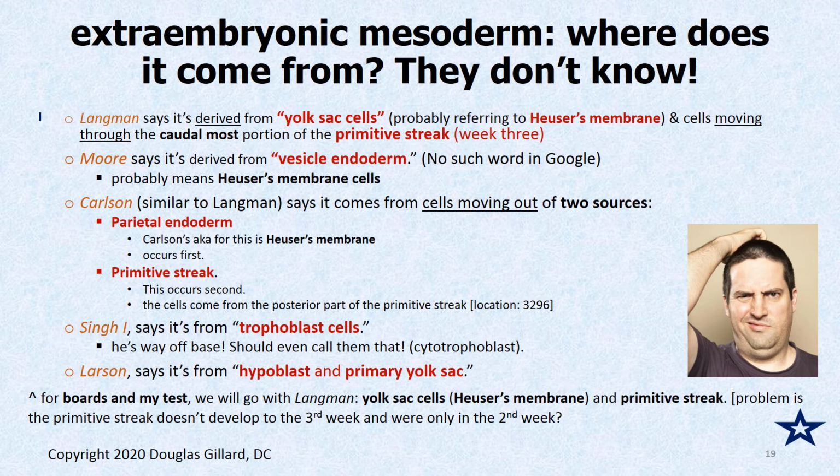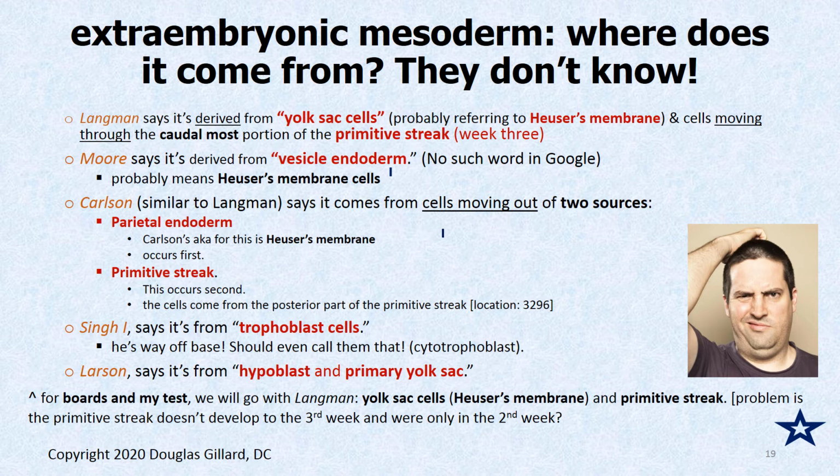So Langman, come on. Moore says it's derived from, quote, the vesicle endoderm, end quote. There is no such term on Google as the vesicle endoderm. So there's the other Chiropractic Board Book. I assume he's talking also about Heuser's membrane, the cells of Heuser's membrane.